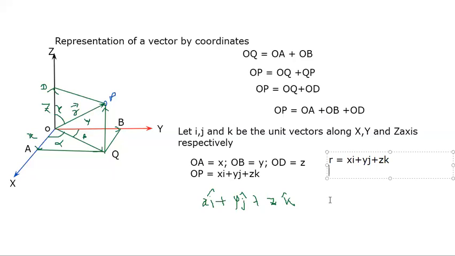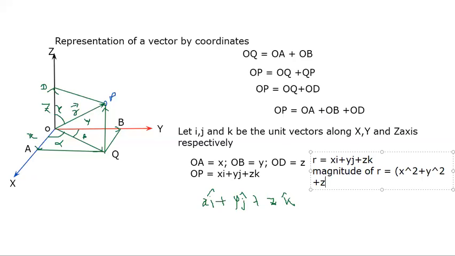Now if you are asked to find out the magnitude of R, the magnitude of R will be equal to x square plus y square plus z square, to the power half.